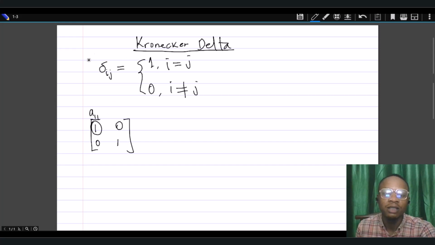So you can see this as representing an arbitrary element of an identity matrix. If i and j are not equal, for instance row 1 and column 2, this is A12, which is obviously 0 because 1 and 2 are not equal.